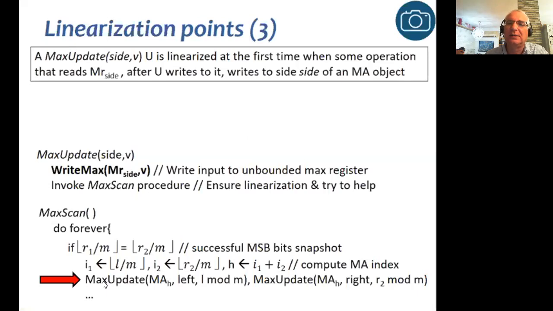So observe that several max update operations may be linearized at the same point, in which case they are ordered according to the order they wrote to the left unbounded max registers, and obviously the same rule of linearization applies to updates to the right side.